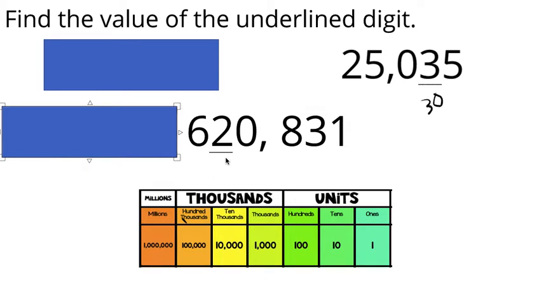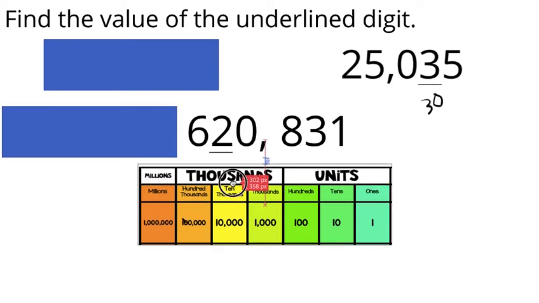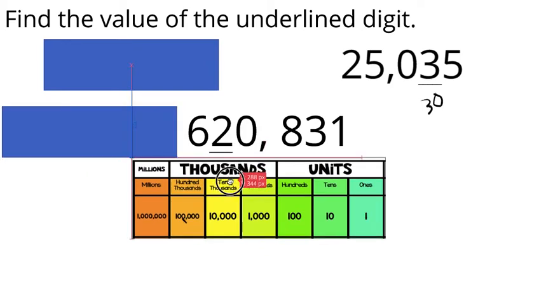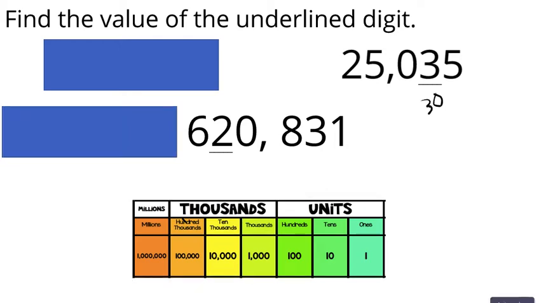I would like for you to write down on your board or your paper, what is the value of that 2 digit? All right, the value of that 2 digit, well, that 2 digit is in the 10,000s place. So if it's in the 10,000s place, then that means that it is worth 2 10,000s, which equals 20,000. Great job.